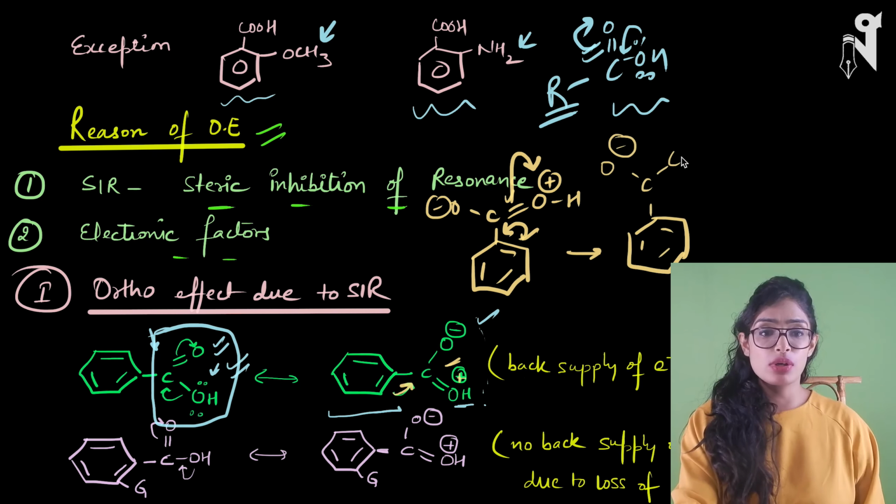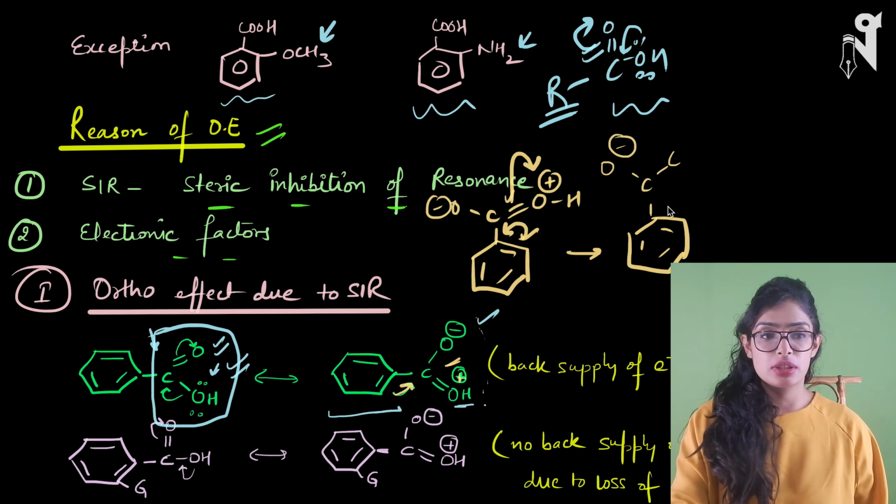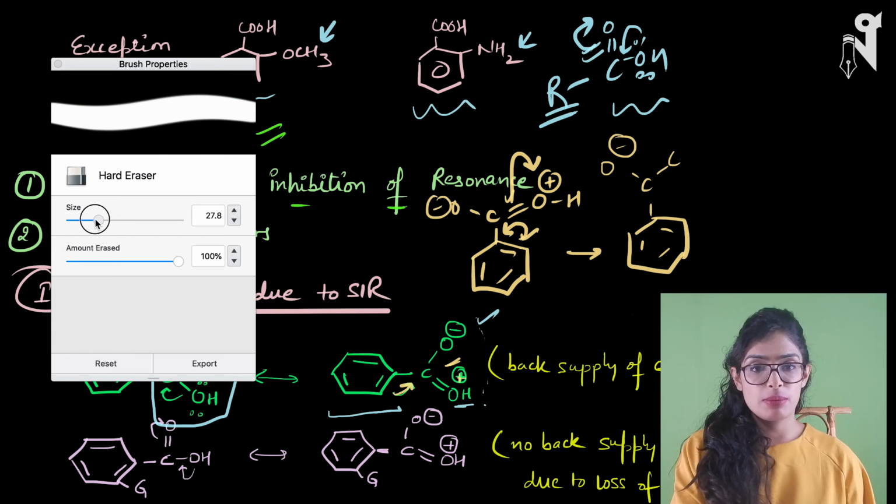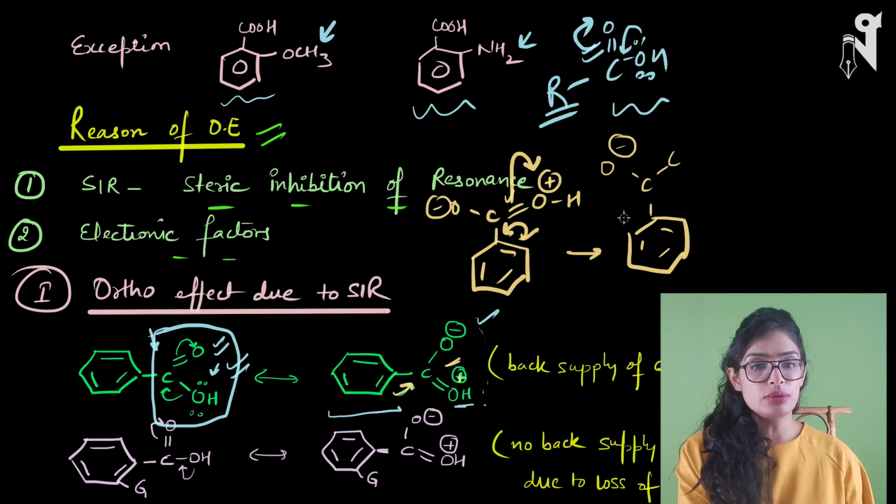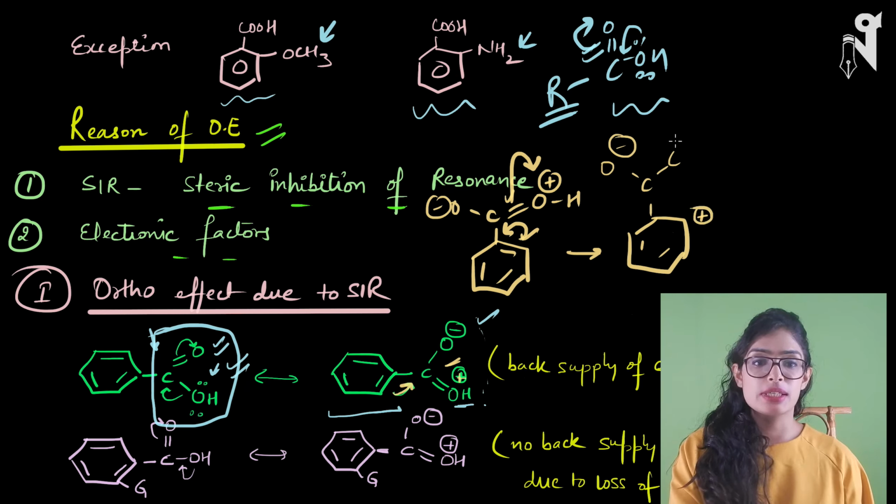So here you have negative charge on this oxygen, then this will become, okay, let me correct it. Here this pi bond has got shifted, so there is going to be a positive charge over here. This oxygen would have got the electron density back.